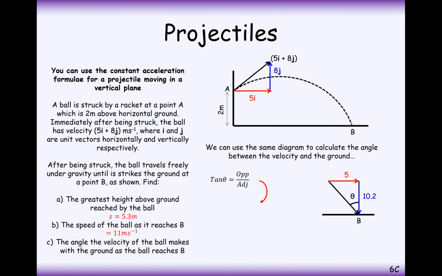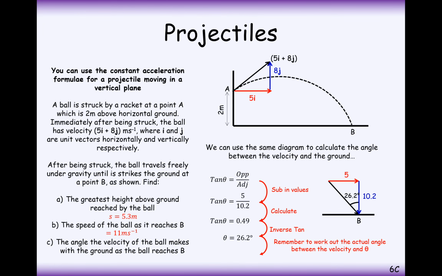We could work out this theta angle here if you wish. It's going to be opposite over adjacent. That's going to be 0.49 as the value for tan. So theta is 26.2. But the actual answer we're looking for is this angle round from here to here. So 90 minus that, and we get 63.8.